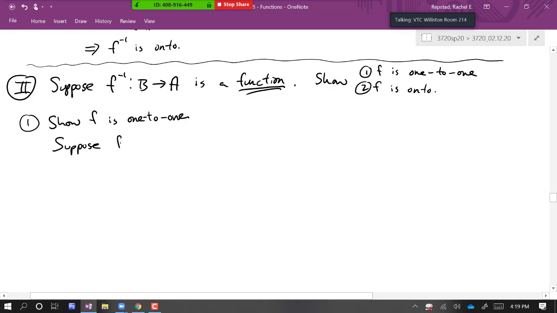Yeah, so we're going to suppose that F of A1 is equal to F of A2 for some elements A1 and A2 in A. So let's say maybe they both map to the same element. We'll call it little b, just to be creative.